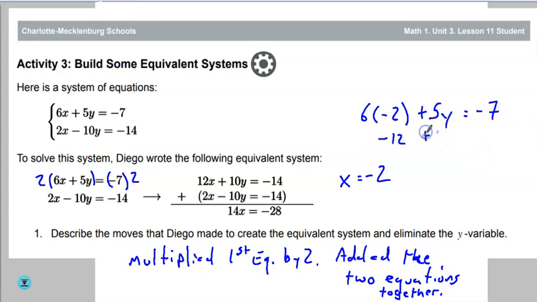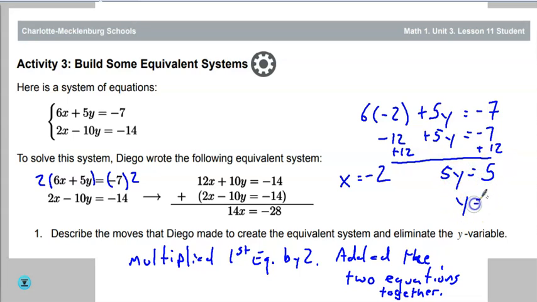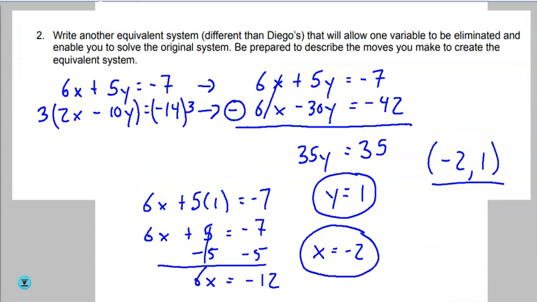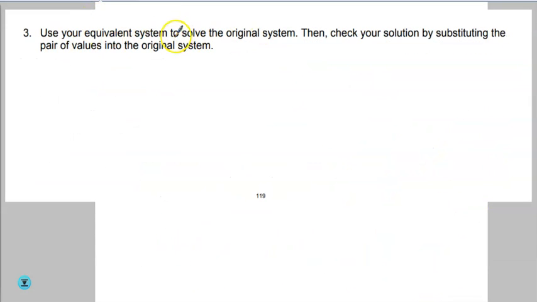Negative 12 plus 5y equals negative 7. Add 12 to both sides. 5y equals 5. Divide by 5. And you end up with the same. So it doesn't matter which order as long as you keep the math correct. Negative 2 and 1. Negative 2 and 1. Use your equivalent system, then check your solution.